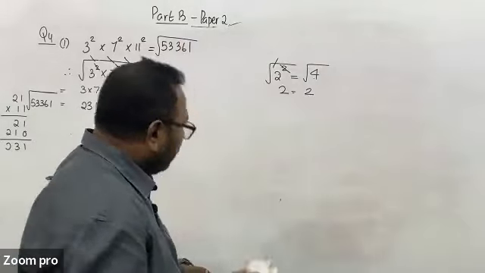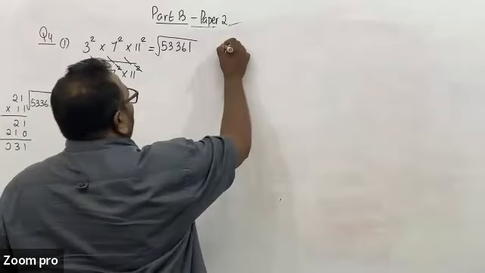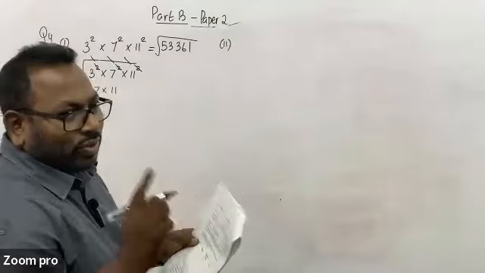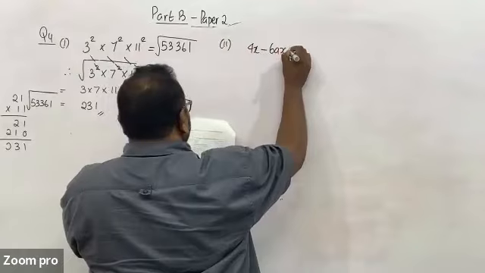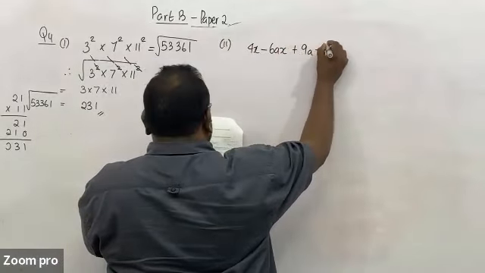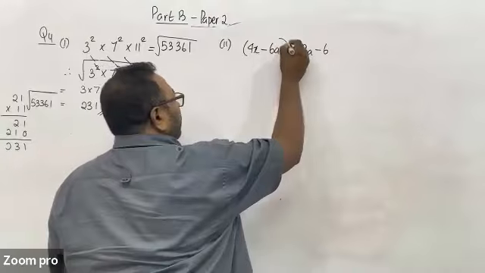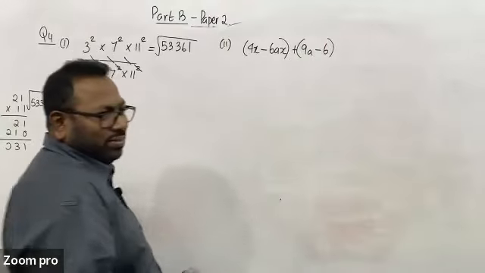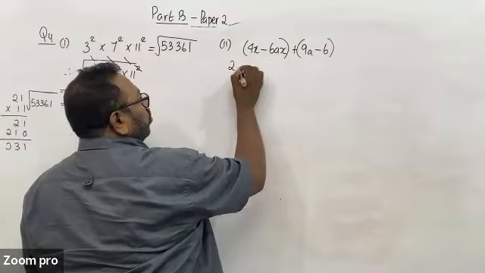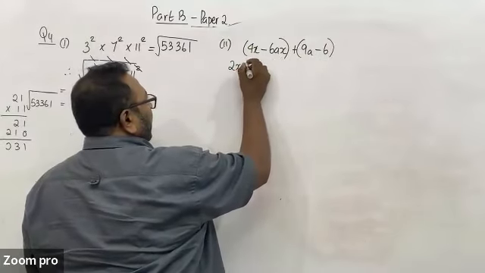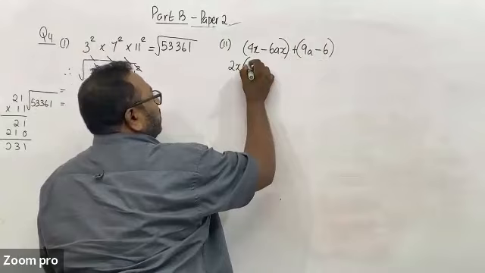All right. Part 2 of that question, they are telling you to factorize. So careful, factorize 4x minus 6ax plus 9a minus 6. So first step, you take the first two and the last two inside brackets. 4x minus 6ax, common factor is 2x. 4x divided by 2x is 2.